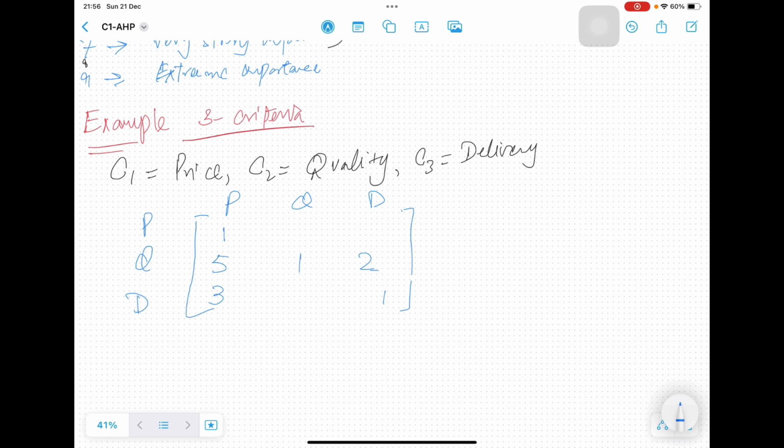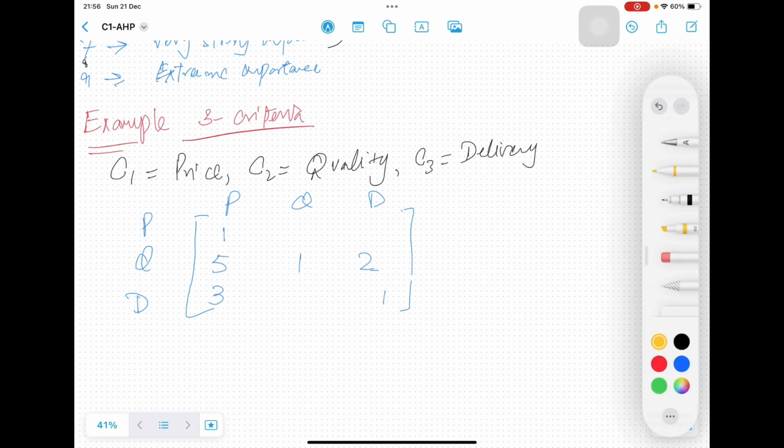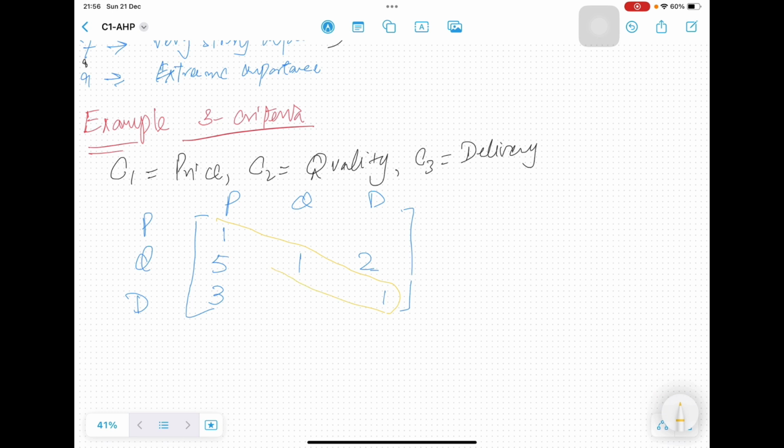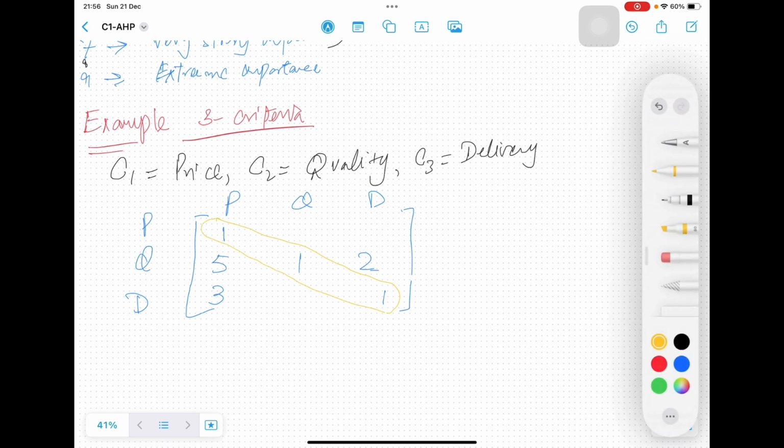The diagonal is always 1, because an element compared to itself is equally important. Price versus price is equally important, quality versus quality, delivery versus delivery is equally important.